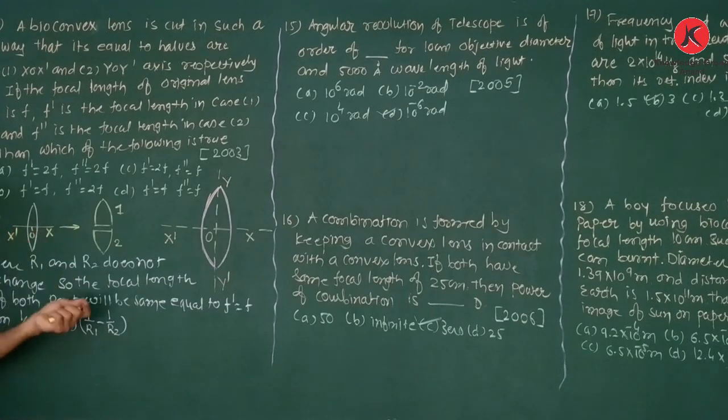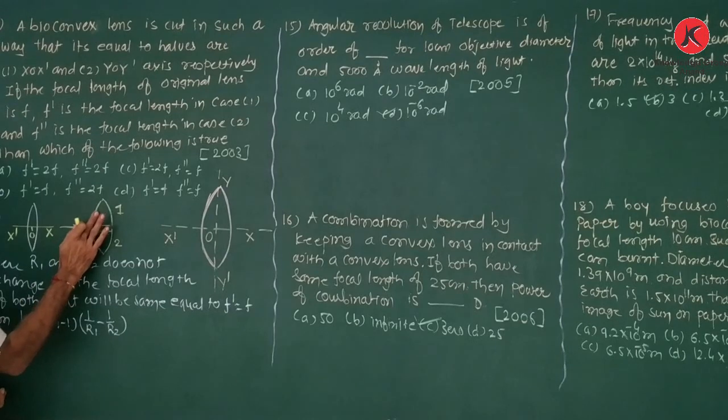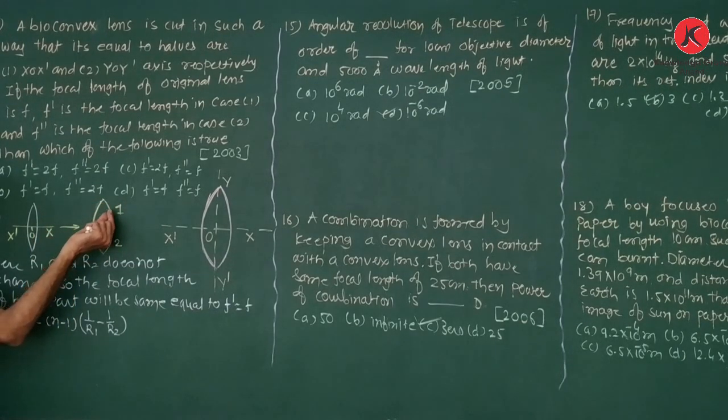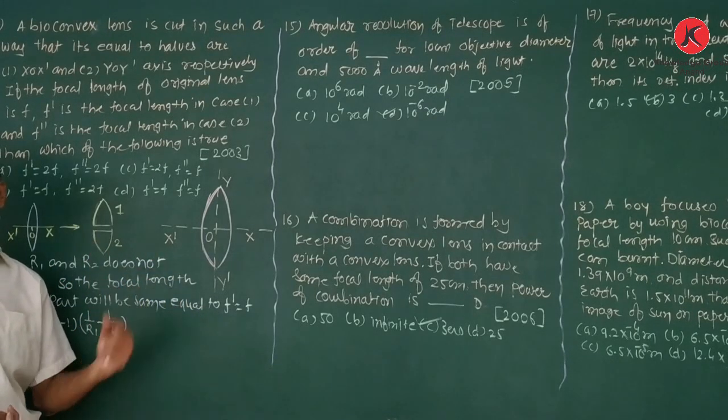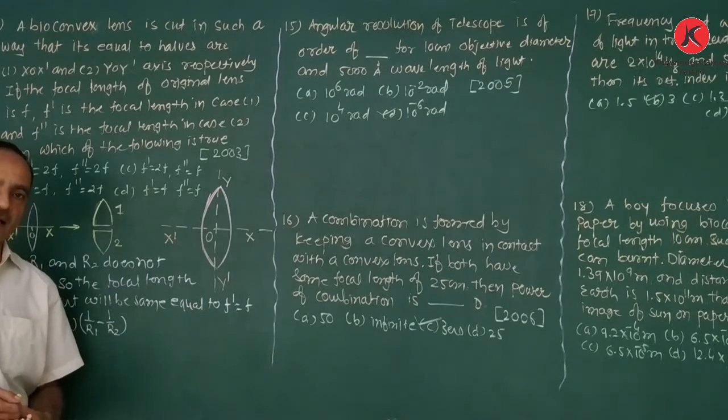As we cut the lens on the axis x o x dash, the upper part and lower part both have the same curved surfaces. Therefore, the radius of curvature of both curved surfaces does not change. Here, n also does not change. Therefore, the focal length of both lenses is the same and is equal to the focal length of the original lens.